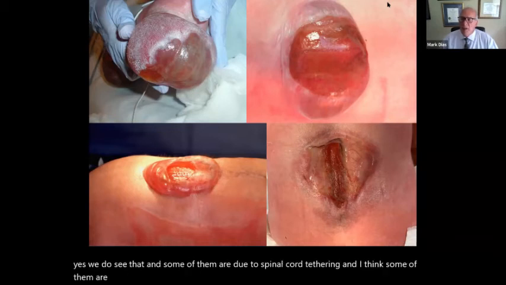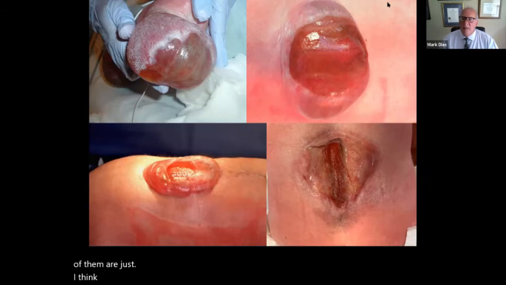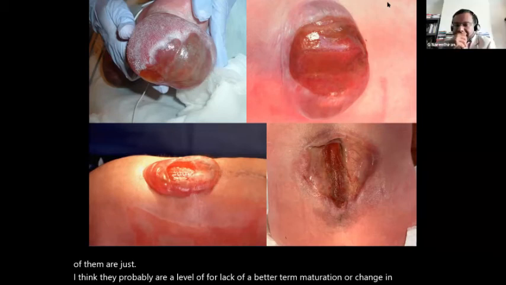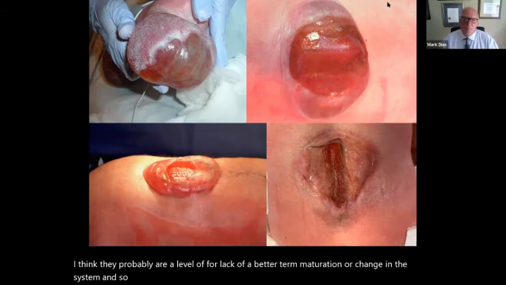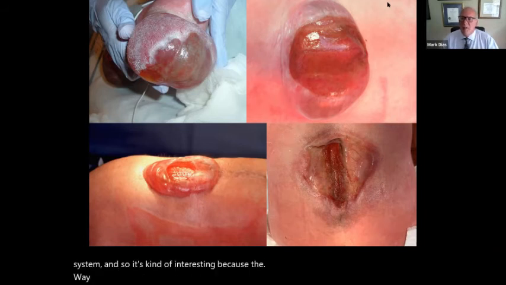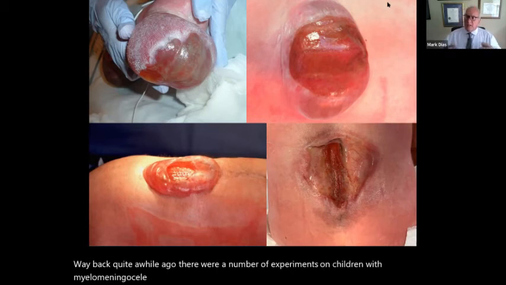I think they probably are a level of, for lack of a better term, maturation or change in the system. And so it's kind of interesting because way back quite a while ago, there were a number of experiments on children with myelomeningoceles in which people did recordings and stimulations of them during surgery.